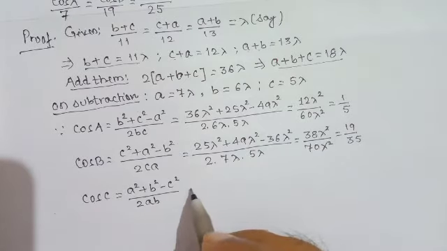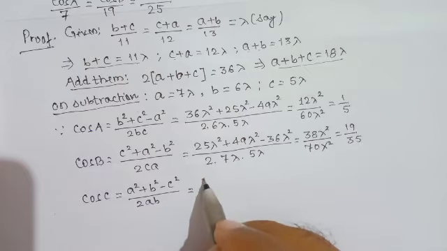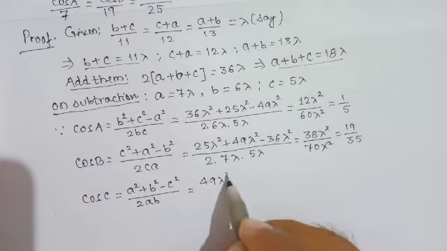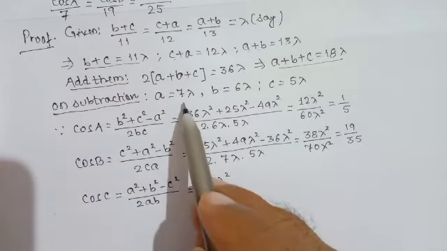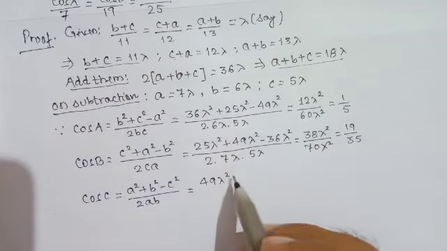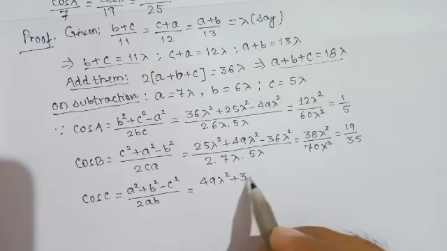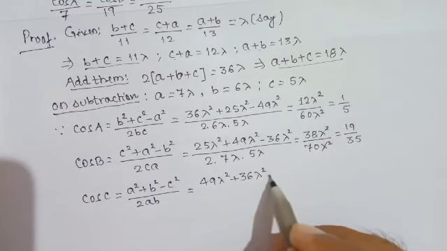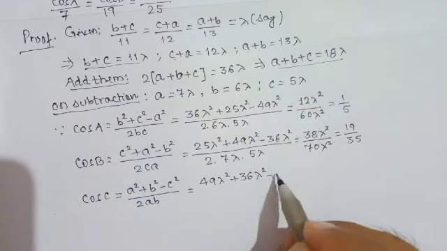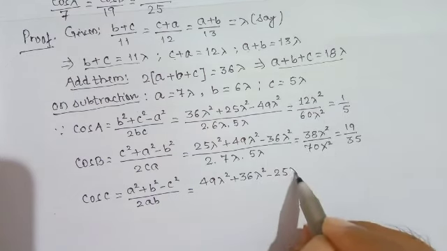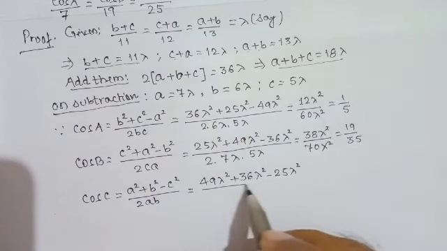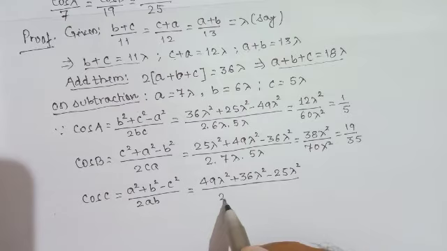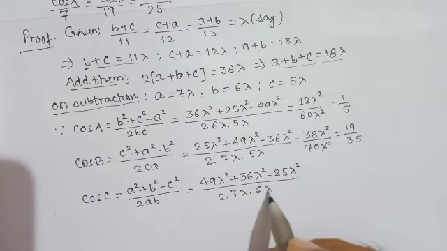It means write down their values. 49 lambda square, A is 7 lambda, plus B square means 36 lambda square, minus C square means 25 lambda square, upon 2A, A means 7 lambda and B means 6 lambda.